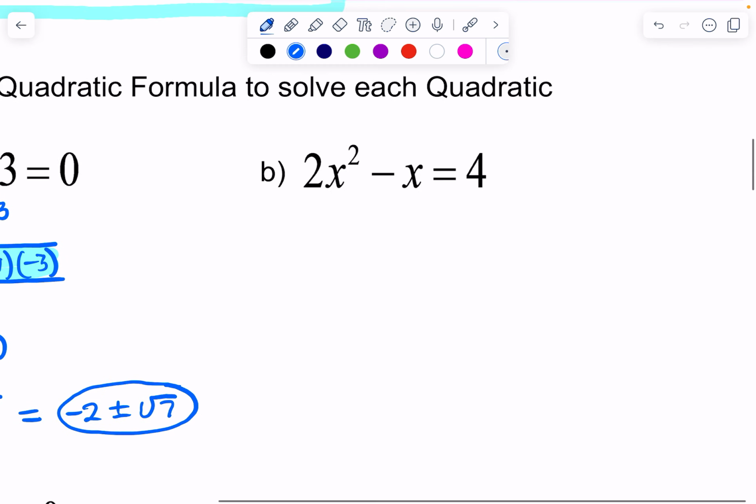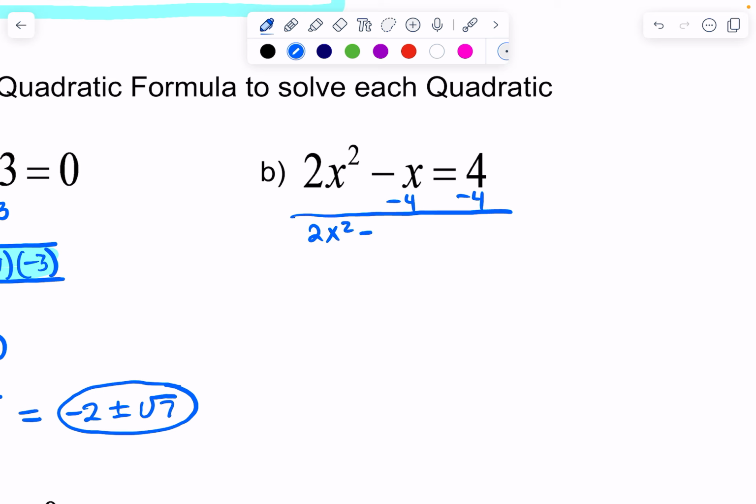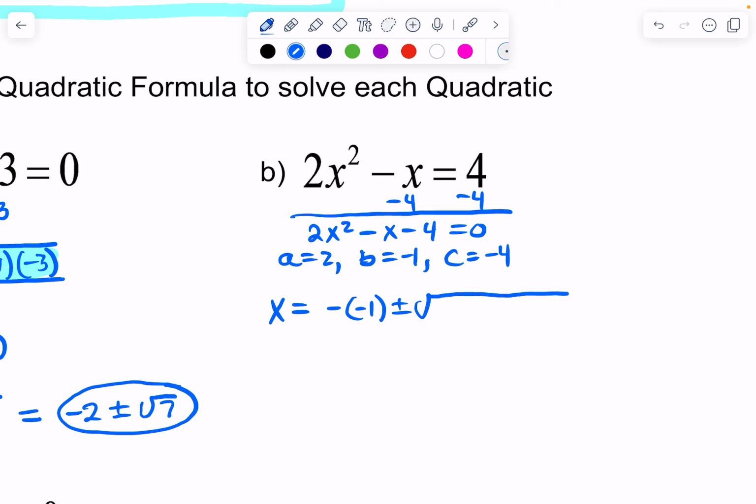Next, for example B, we're going to first start with subtracting 4 from both sides to get it into, once again, standard form. So I've got 2x squared minus x minus 4 equals 0. My a is 2, my b is negative 1, and my c is negative 4. So x is going to equal negative b, remember that's a double negative there, plus or minus the square root of b squared minus 4 times a times c divided by 2a.